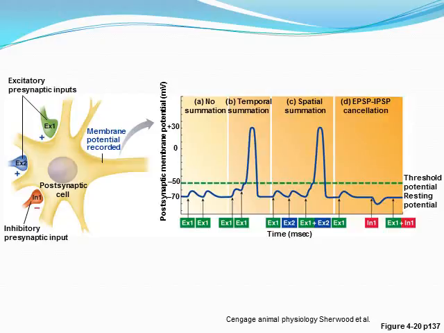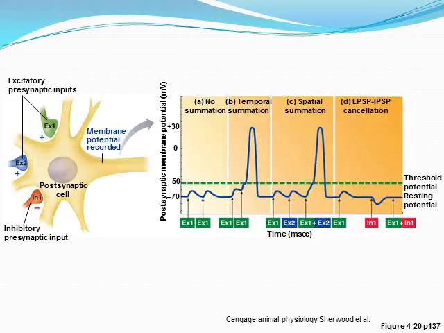So this is where that integration comes into play. In the central nervous system, you're going to have integration from multiple sensory neurons onto these interneurons. If you get enough excitatory input, as is shown with the spatial summation there, if you get multiple excitatory channels opening, or one excitatory channel opening multiple times, then you're going to have a summation of that depolarization and you'll get an action potential.